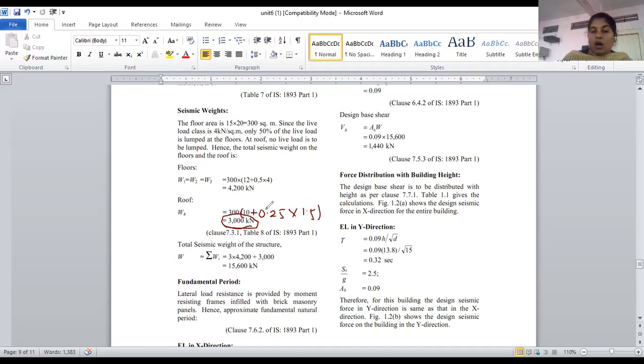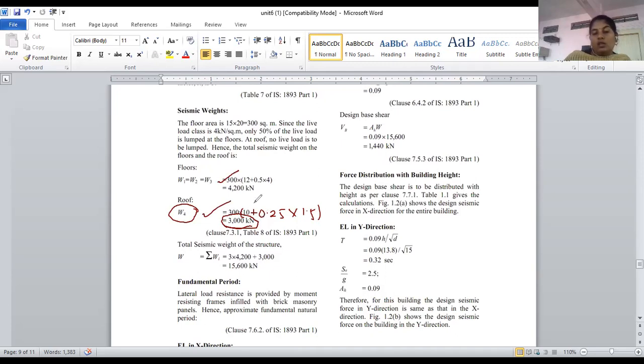There may be some other value, but it will range around this only. Okay, so that W4 load is equal to the area into its dead load plus imposed load. So we got here W1, W2, W3, the floor loads, and the roof load we get from this.